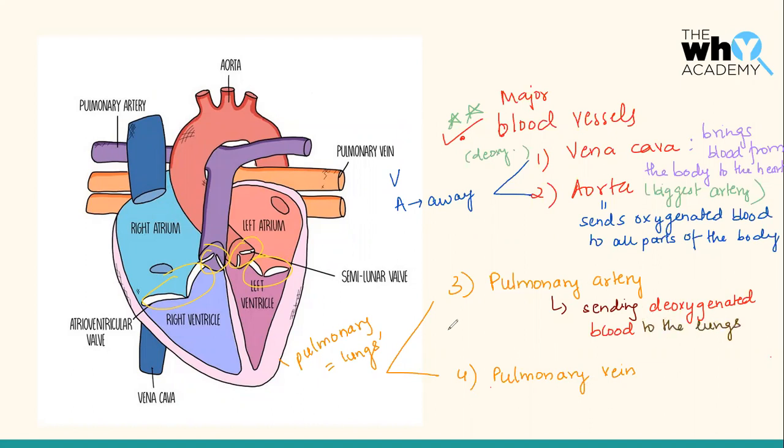Okay, and pulmonary vein is bringing oxygenated blood from the lung. Right, so this is our exception, why we always keep saying most of the arteries.